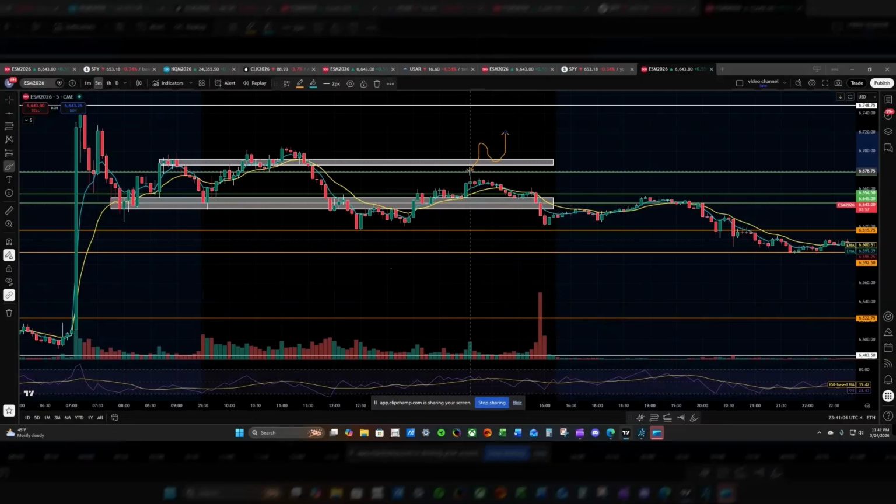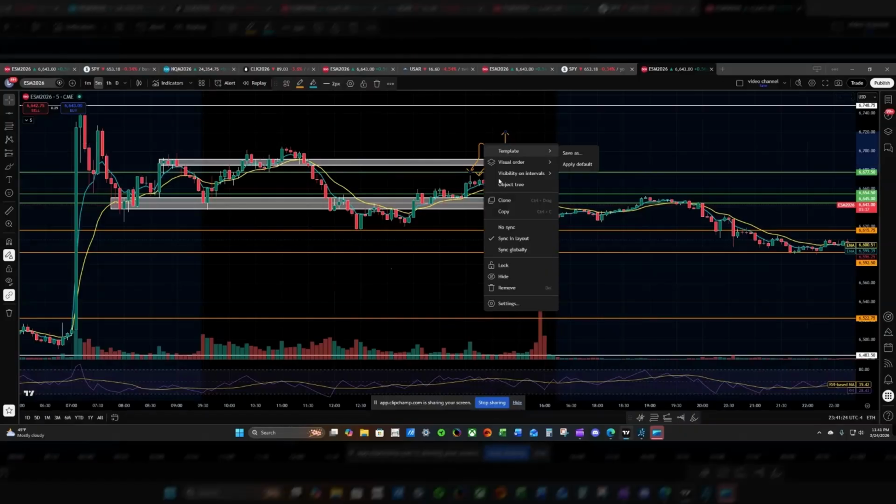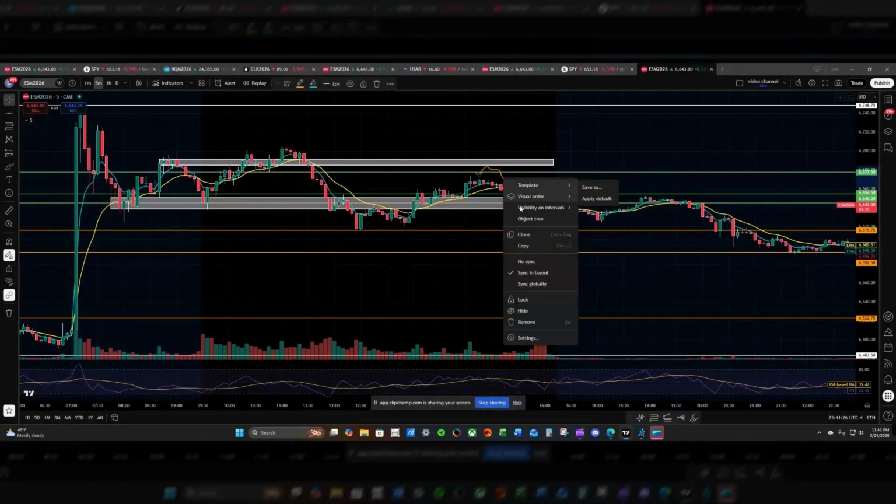But I'm not interested in a short unless we fail here, retest, and then fail again. I've got to have it show me a little bit better, and I would only look at this as a potential short. So we'll delete those out of the way.